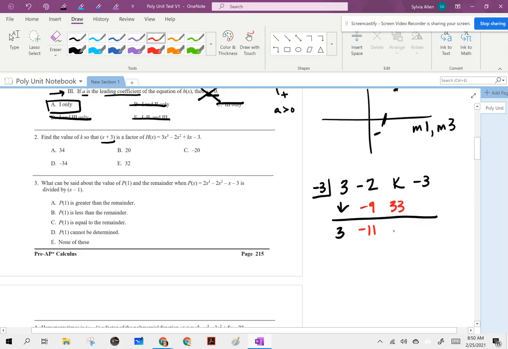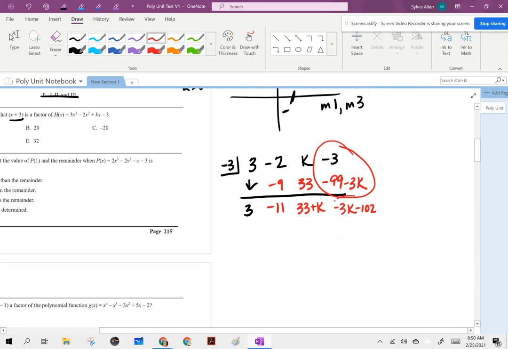And then remember though, when you're doing this process, you've got to add down 33 plus k times -3 is going to be -99 minus 3k. And when you add these together, which I'm going to do right now, so I've got -3k minus 102.